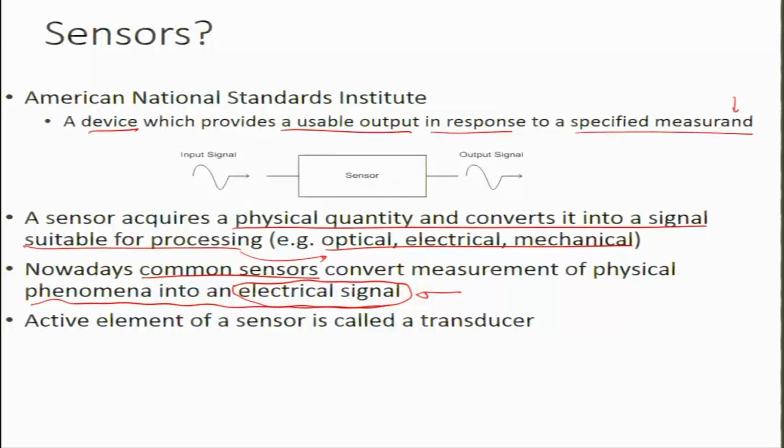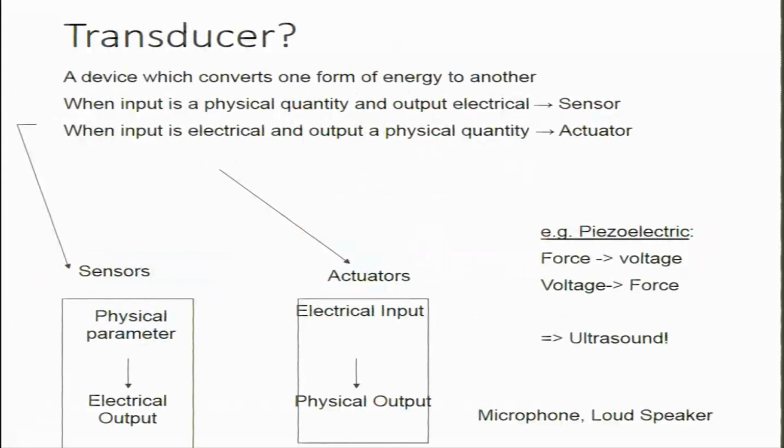The active element of a sensor is called a transducer, which will measure or convert this into the corresponding electrical signal. And what really is a transducer? It basically converts one form of energy to another. The input to a transducer could be a physical quantity, and the output could be an electrical signal coming out of the sensor.